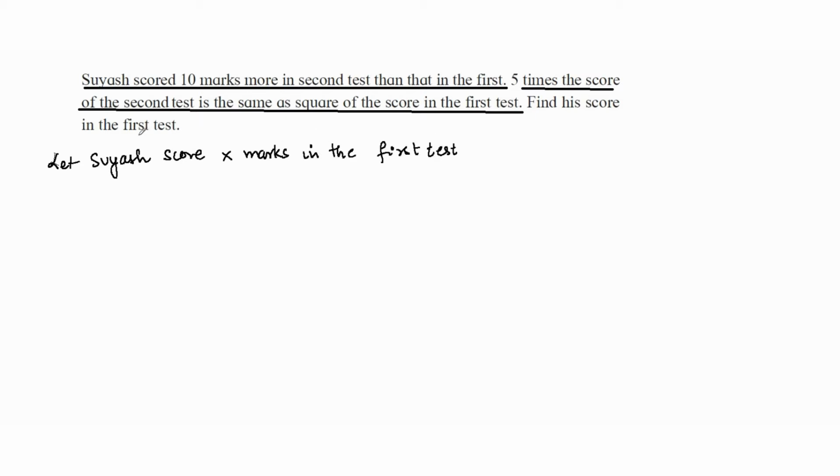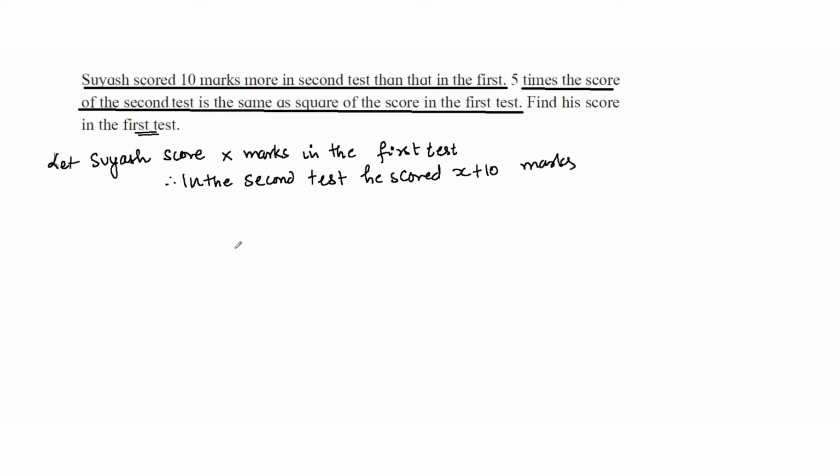So essentially we have to find X because we have to find the score in the first test. And he scored 10 marks more in the second test than in the first test. That means in the second test, he scored X plus 10 marks.